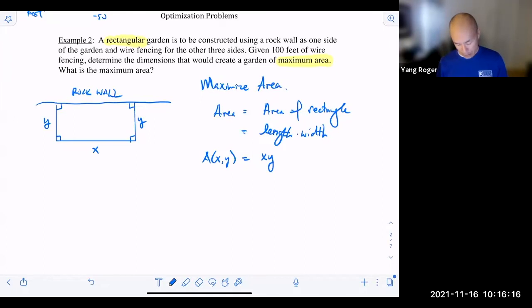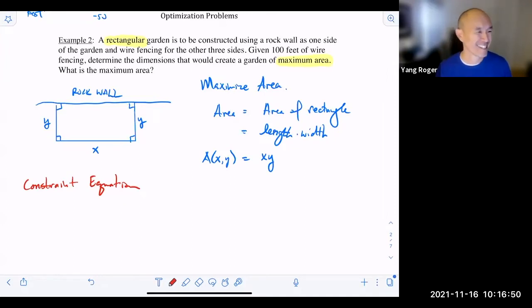Now, somewhere buried in here is a constraint equation. So does anybody see what the constraint equation is? It's buried in the story. I haven't highlighted it yet, but maybe it's better if you can see. Yes. Excellent, Kenneth.